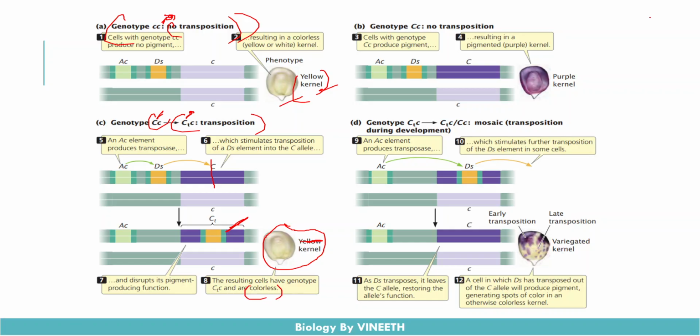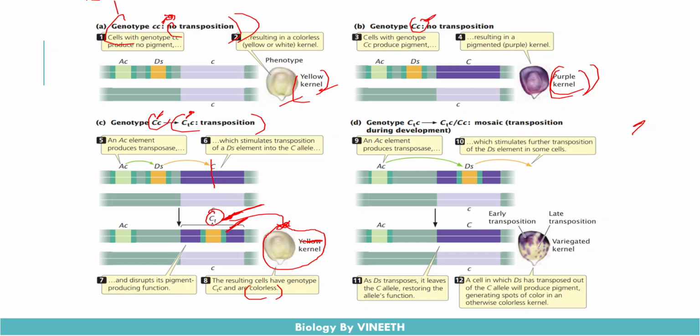And then we have a second case where the heterozygous condition will produce the purple color kernel. If the alleles are present intact in the heterozygous dominant condition, they will produce a purple color kernel. Because of this DS element insertion, it will again get converted into what? Yellow color corn kernel.